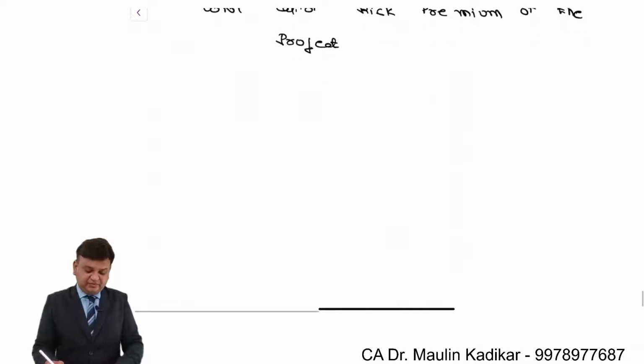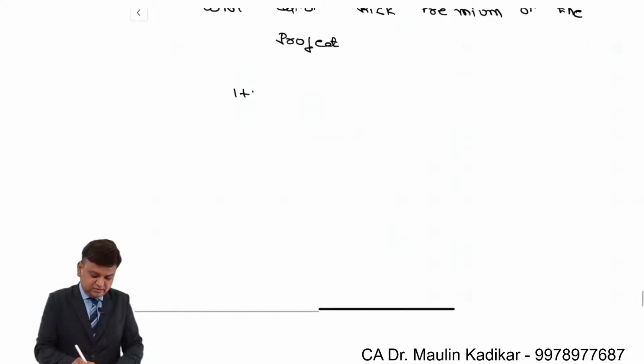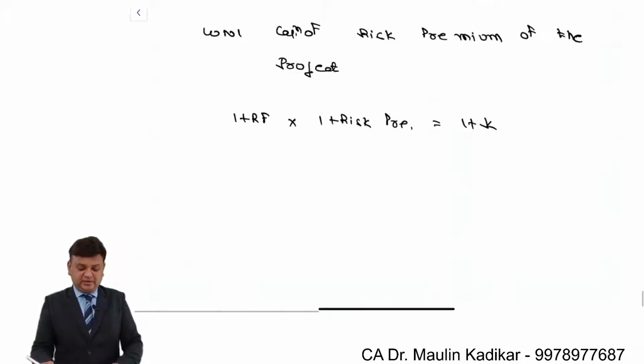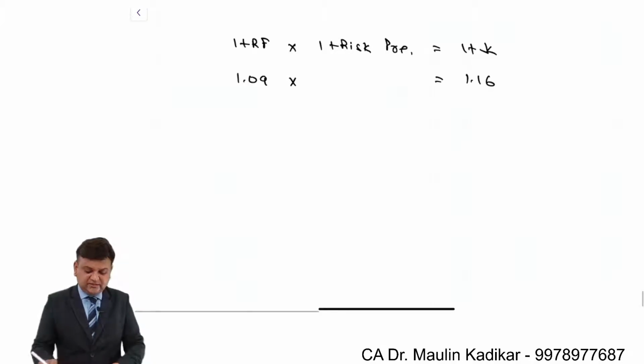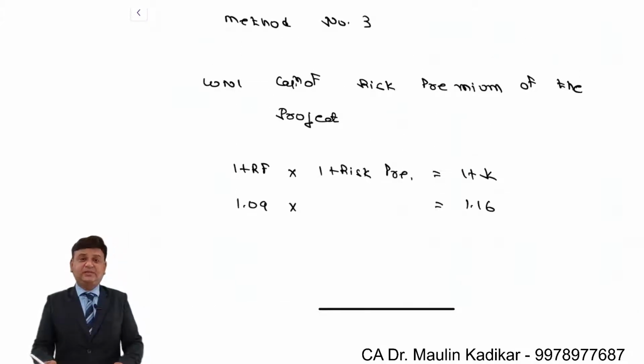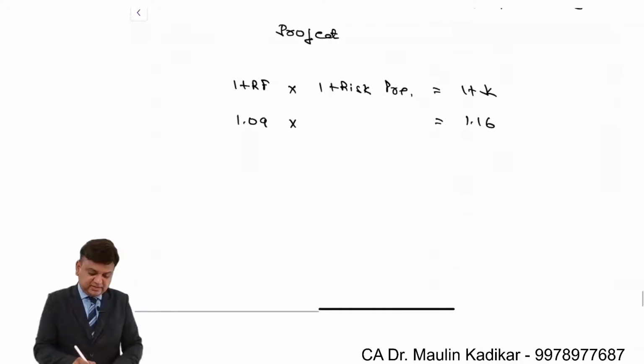The risk premium of the project will be found like this: (1 + RF) into (1 + risk premium) is equal to (1 + required rate of return). In Indian currency, the rate of interest is 9%. In Indian currency, we require a return of 16%. So friends, whatever additional return you require is given the technical name of risk premium.